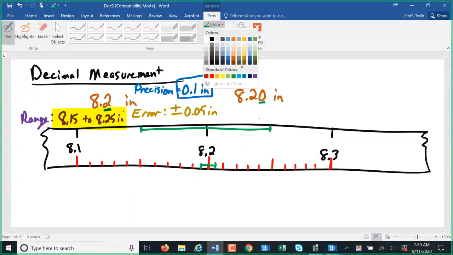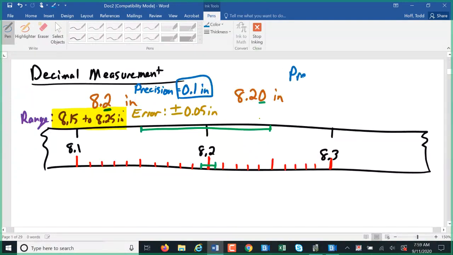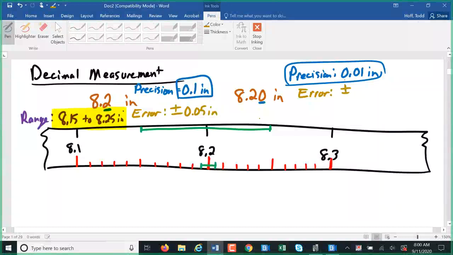This is implying that my measuring device has a degree of precision of 0.01 inch, a 100th of an inch, because the last digit in my measurement is in the hundredths place. So the possible error is plus or minus half of a hundredth, which is 5/1000ths of an inch.